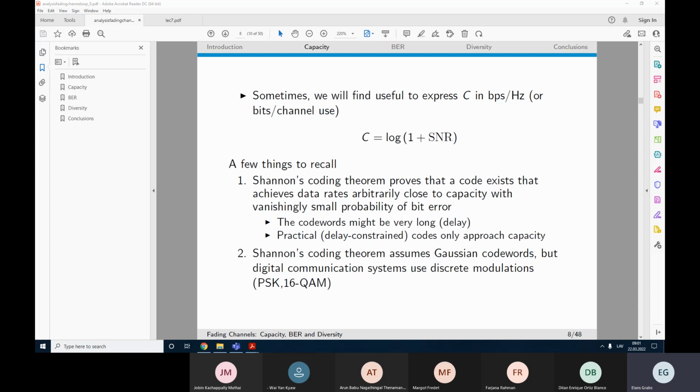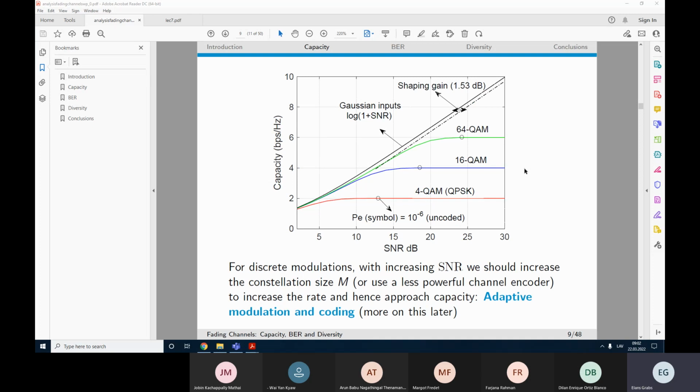Shannon's limit is usually represented in the form of such plots. This is spectral efficiency, or capacity divided by bandwidth. Efficiency is capacity divided by bandwidth.